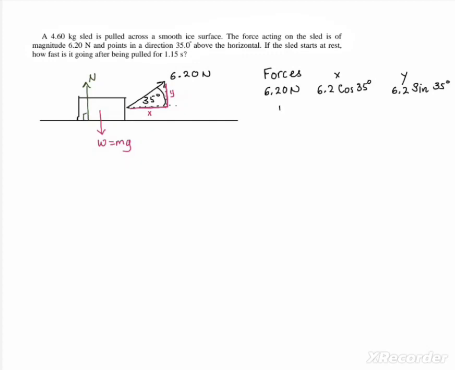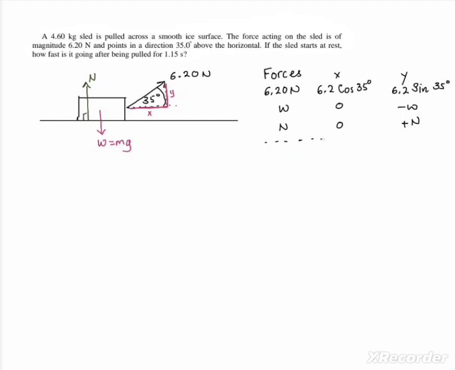And then we have our weight, no x component, y component is negative. Instead of writing a number, I just wrote negative w here for simplicity. And the normal force, again there's no x component, but there's a positive y component there.